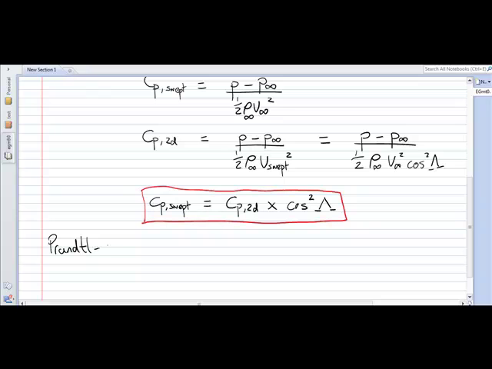So the Prandtl-Glauert similarity factor beta was equal to the square root of 1 minus M infinity squared, and we derived the Prandtl-Glauert rule and showed that this similarity factor beta was important.